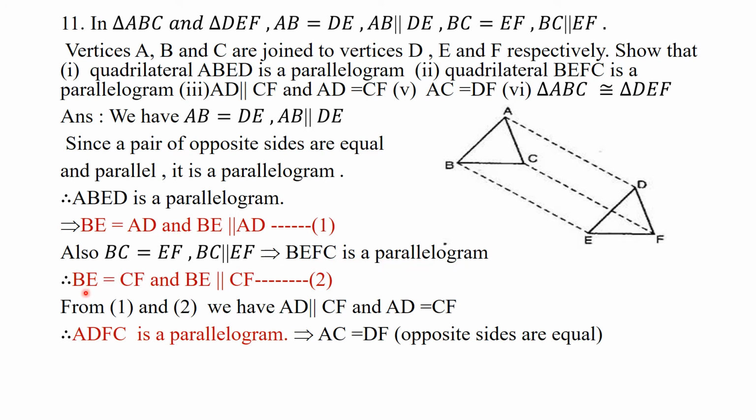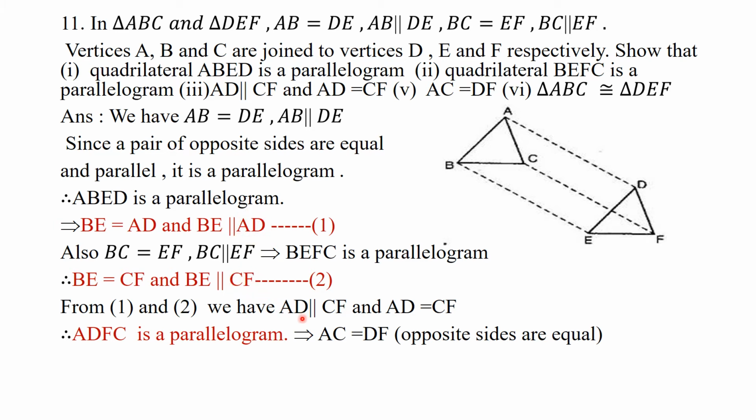From this we can write BE will be equal to CF and BE will be parallel to CF. From equation 1 and 2, we can see BE is equal to AD, BE is equal to CF. From this, AD is equal to CF and BE parallel to AD and BE parallel to CF, which implies AD is parallel to CF.